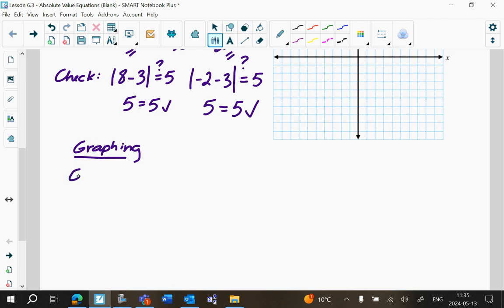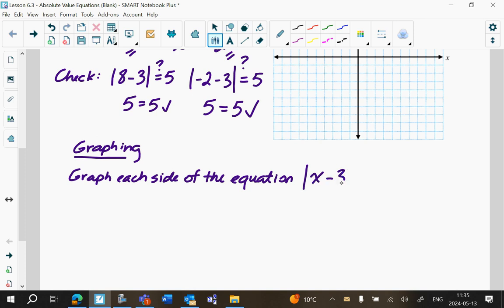So graph each side of the equation, absolute value of x minus 3 equals 5, and find points, or point, if any, of intersection. Those are your solutions.